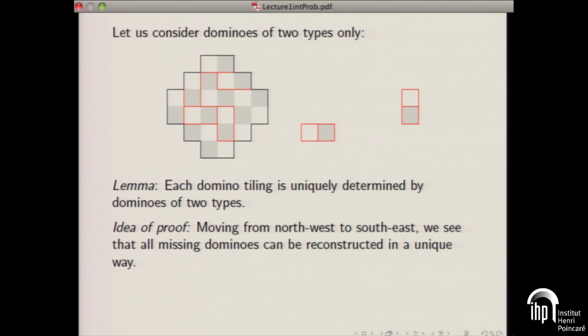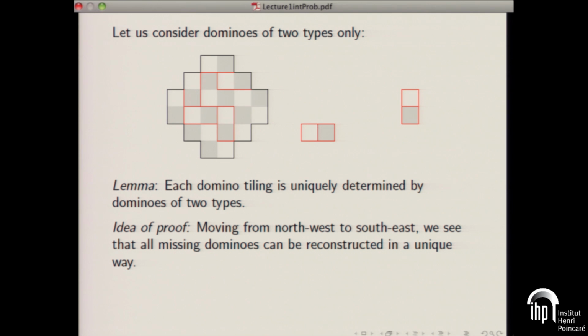So you see that this region is not covered by dominoes, and this region is not covered by dominoes. But I do have dominoes of this type. So it's here, here, and here. And also the dominoes of this type, here and here, and also on the top. And so my question is whether I lost some information when I removed these dominoes or not.